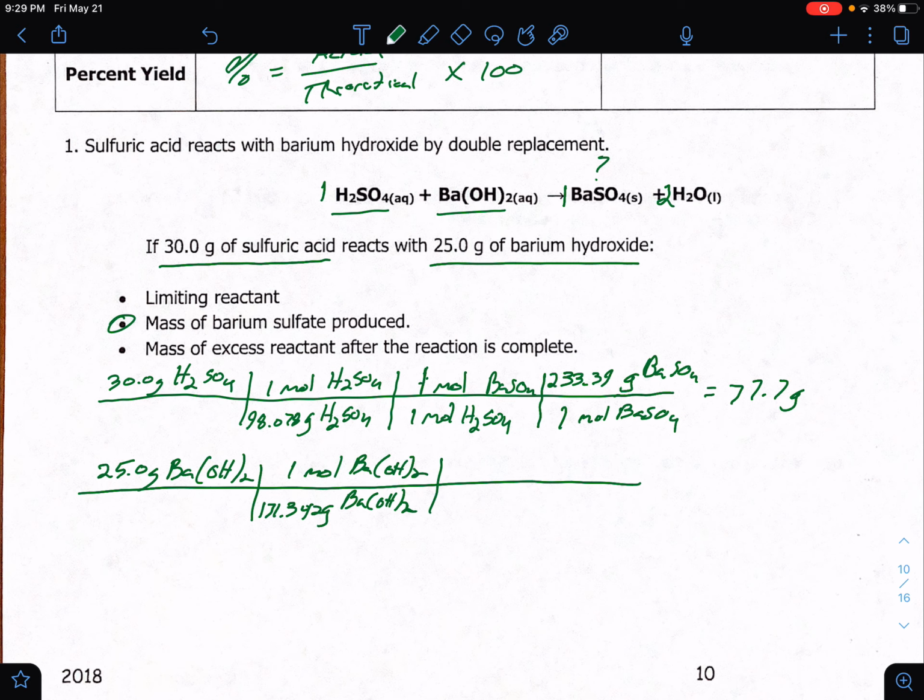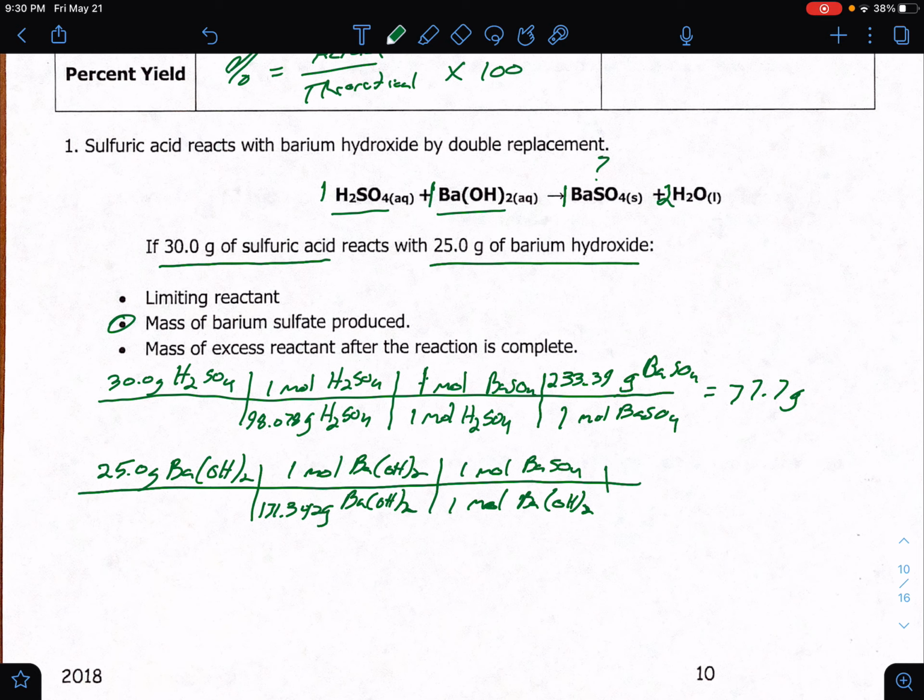Okay, so I'm out of grams and moles now, so I'm going to bring moles of BaOH2 on bottom next. And I need to get to BaSO4, so I'm going to do moles of BaSO4 on top. I only have 1 mole of BaSO4 and I only have 1 mole of BaOH2. So there's only 1 right here.